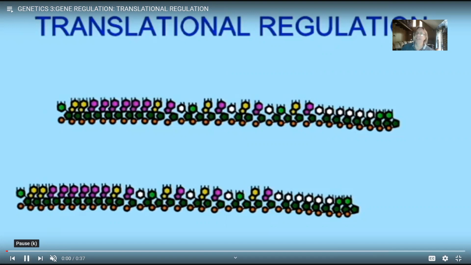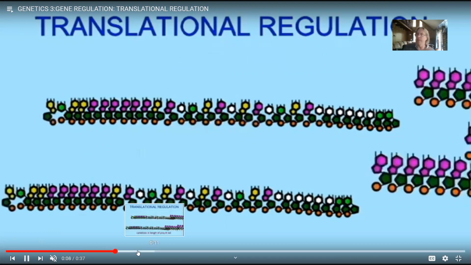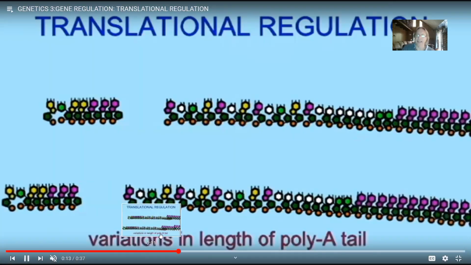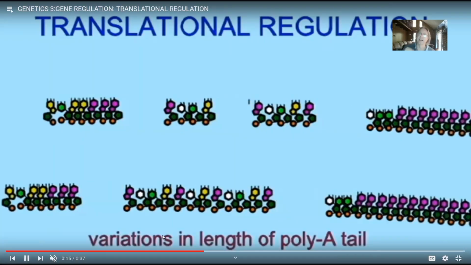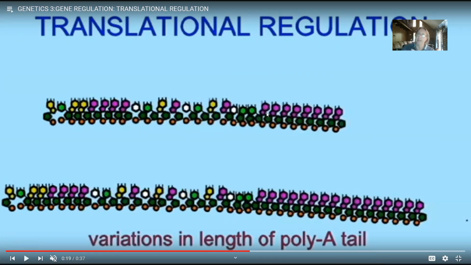The next step is that translation can be regulated through a couple of means. One is, as I mentioned before, the transcript has adenines added to the end that the DNA did not code for, what's known as the poly A tail. Poly meaning many, so look at all of the adenines here in a row. They were added afterwards, and once again, the DNA did not code for that. Well, how many adenines are made? Well, that varies. We can vary that.